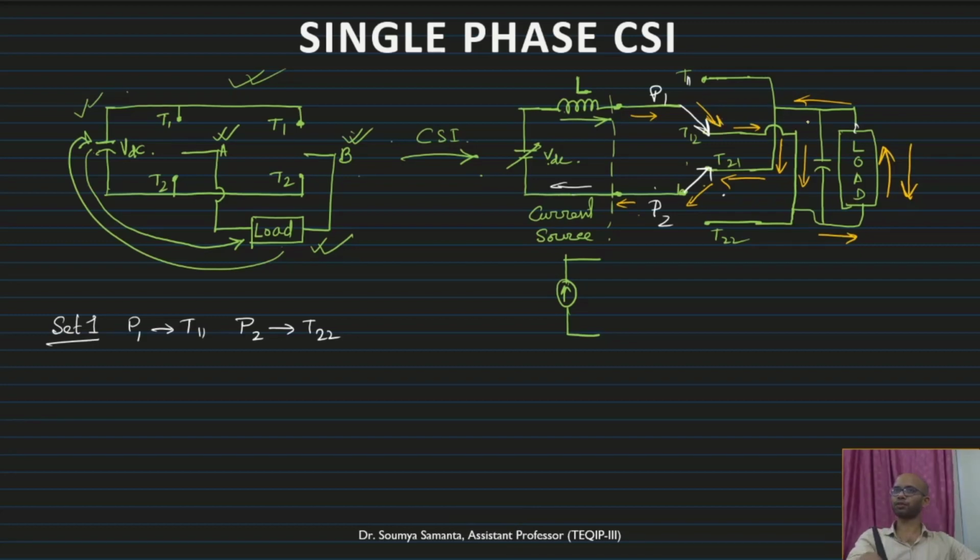In the first case, this was plus, this was minus. And in this case, suppose this is plus, this is minus. So this plus is connected to here.